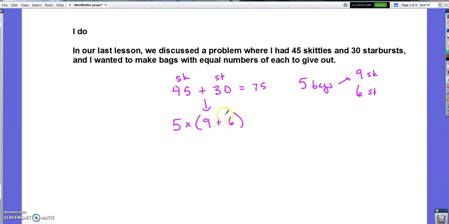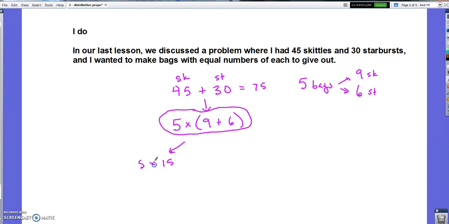Remember I said before, two different ways you could, this is what we're looking to do. This is like I use the distributive property to write my answer to this question another way. 5 bags and each is going to have 9 of these and 6 of these. And either way, remember I told you there's two ways you could think about this, right? Do your 9 plus 6, that's 15.